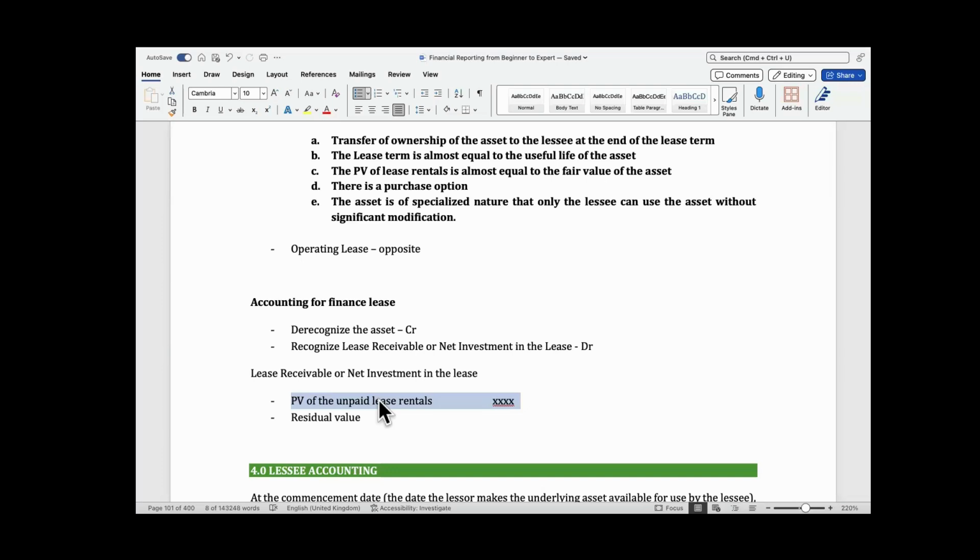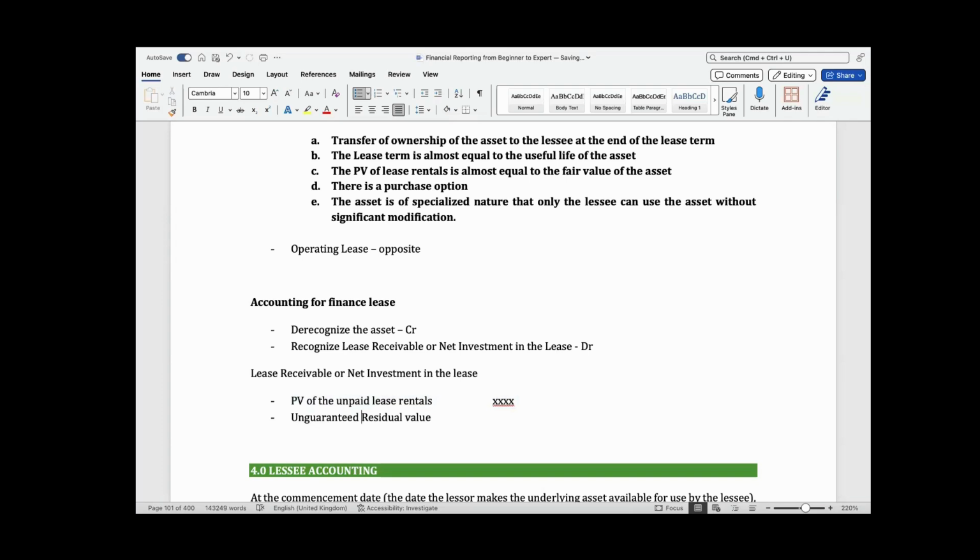So how do we account for that? Because the lessor is also expecting that. In cases where the lessor believes he can get much more than what the lessee has guaranteed, we'll have a scenario of unguaranteed residual value.